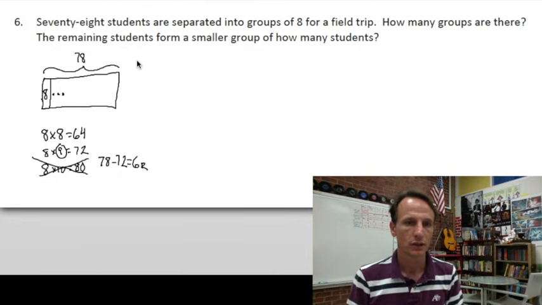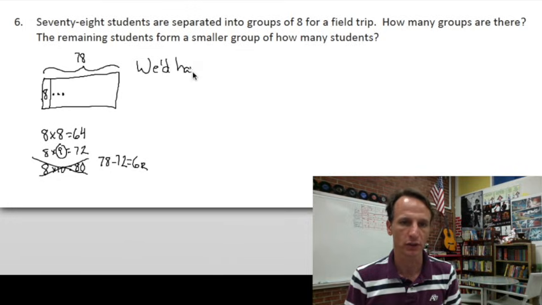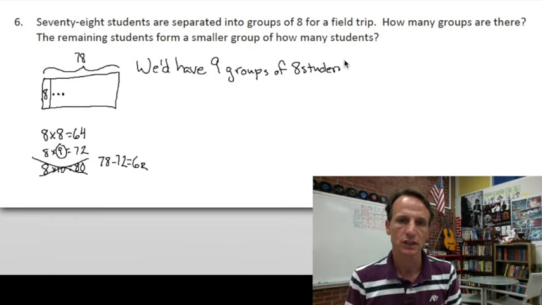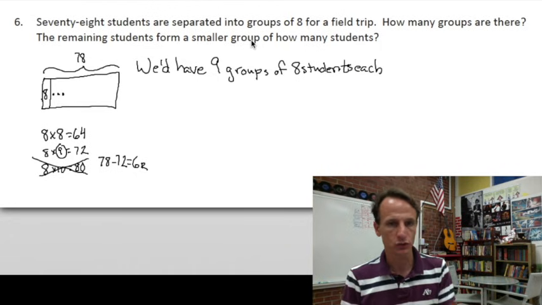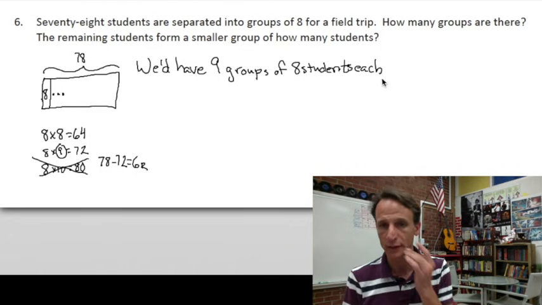So we'd have, we're making ourselves a part of this question, we'd have 9 groups of 8 students each. And then the remaining students form a smaller group of how many students?